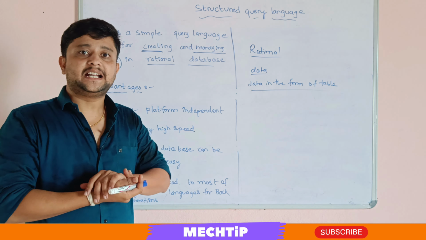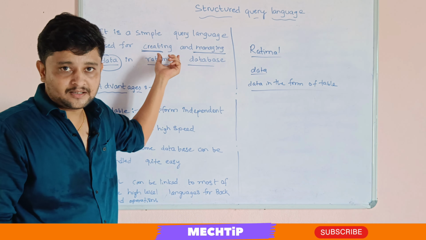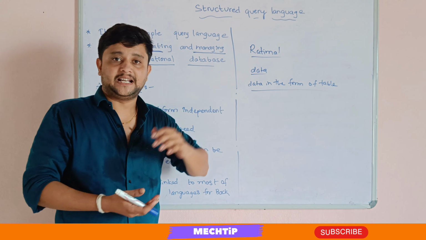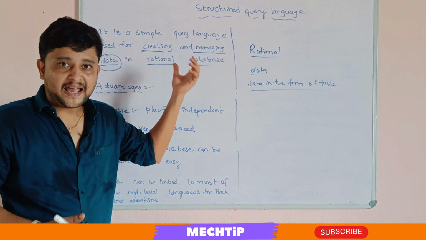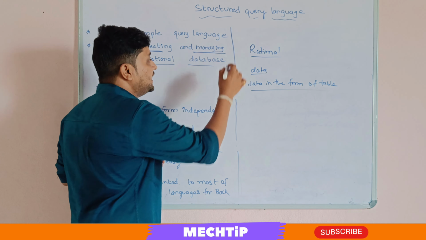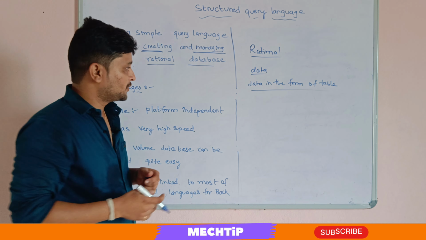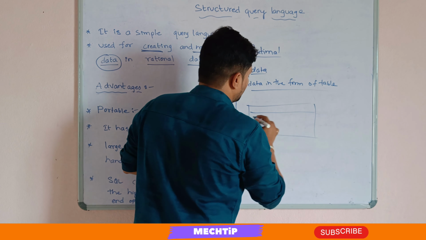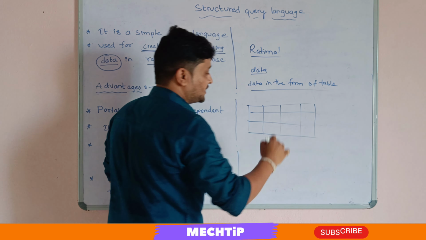So those kinds of data are created using this structured query language, and also those kinds of data are managed. Managing is nothing but filling of data in tables. For example, here I have rows with respect to columns.